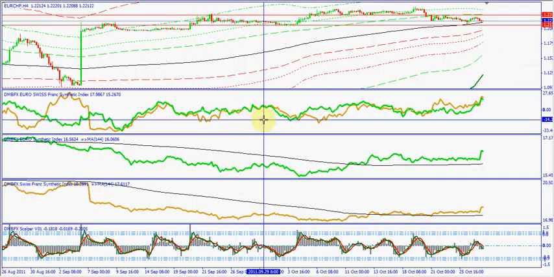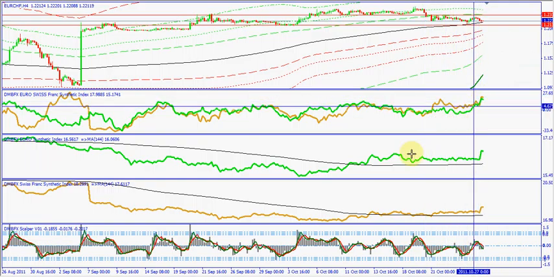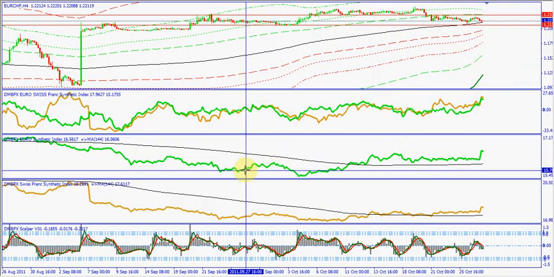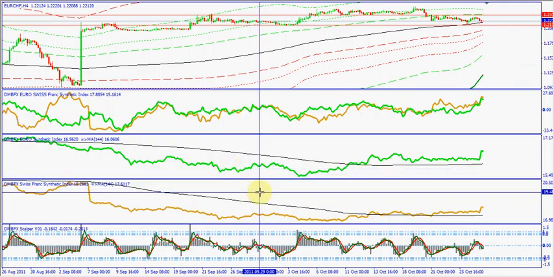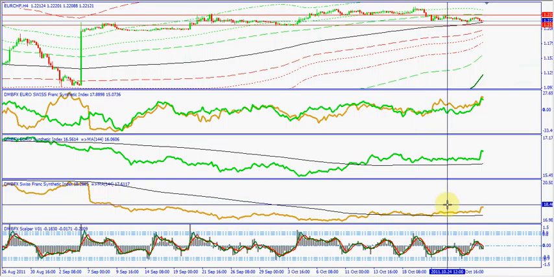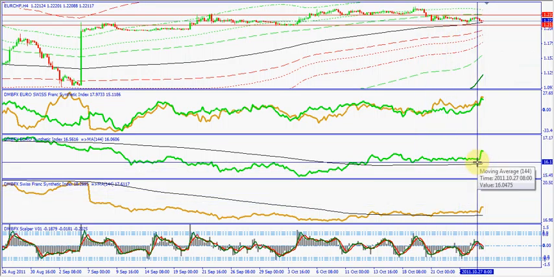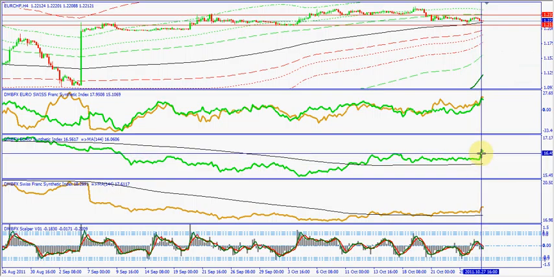You see that the Swiss franc does have the upper hand, as you can see here. If we look closer at the euro and the franc, you see that they're pretty much following the same kind of scenario here, with both trading above their long-term moving average.